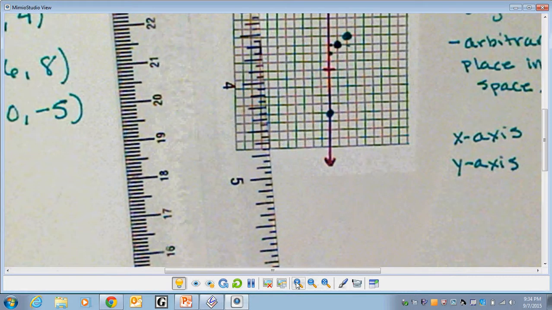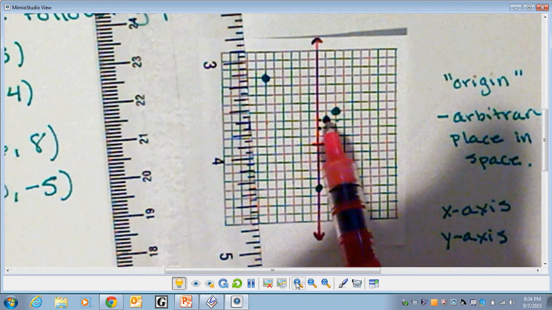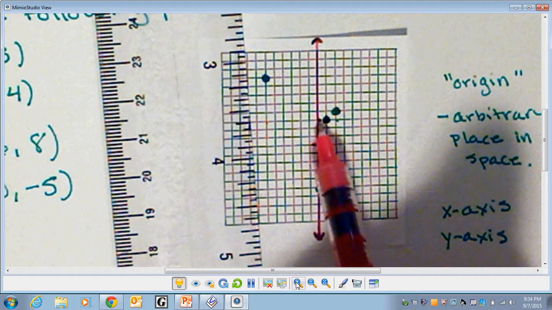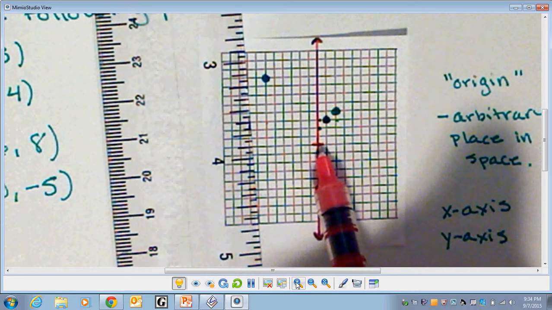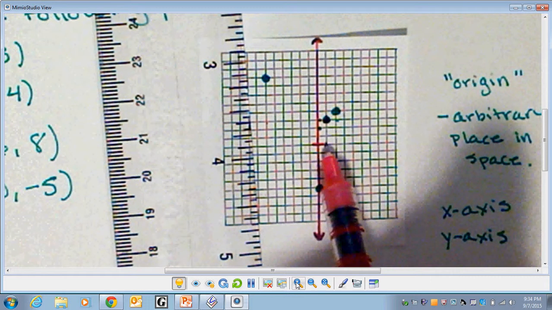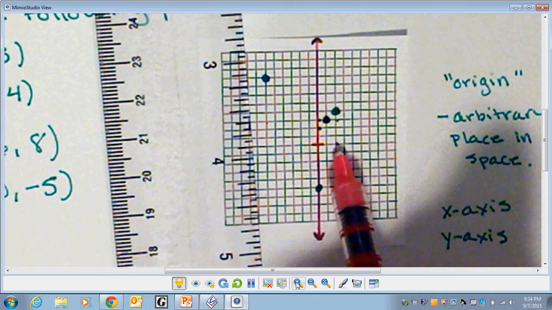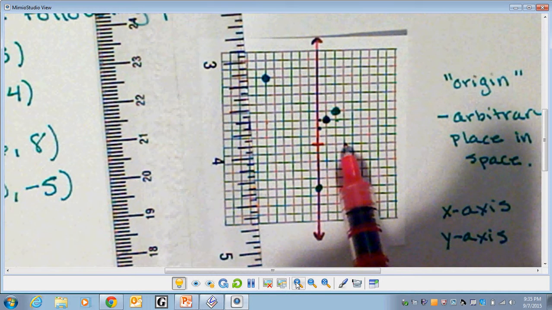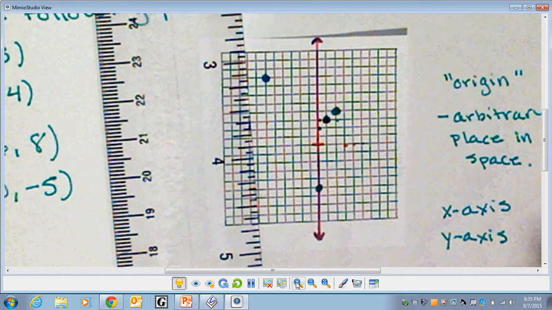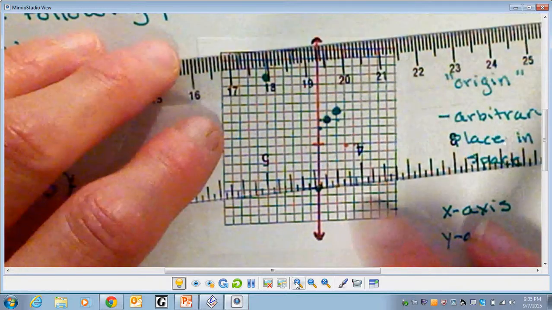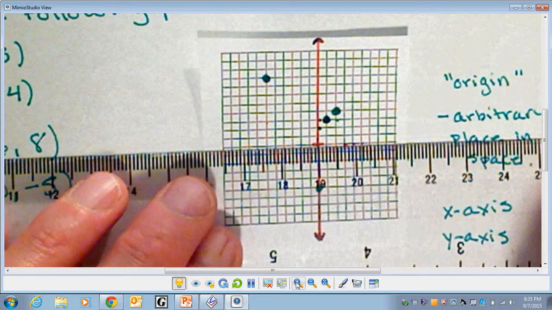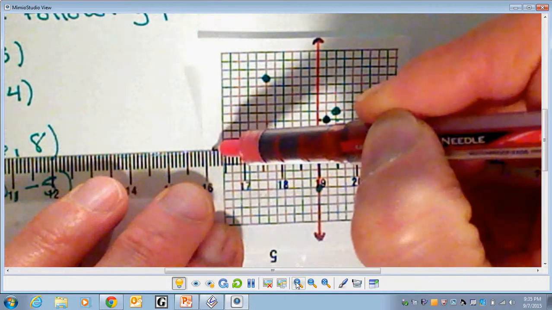I remember I said this was my first point, 1, 3. So this must be 0, 3, 0, 2, 0, 1, 0, 0. That means y must be 0 there, which means if I go this way, that's 1, 0, 2, 0, 3, 0, 4, 0, 5, 0. So everywhere along here, my y is 0. So that must be my x-axis.